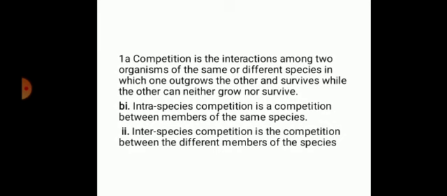Different members can be maybe lion and zebra. They compete, but one will outgrow the other. So the other one can either survive or die. So those are the examples of interspecies competition.